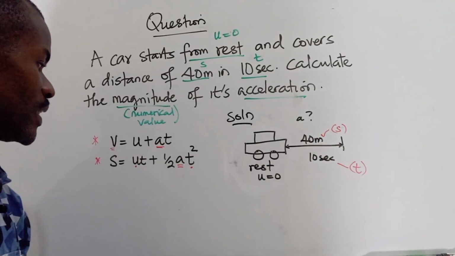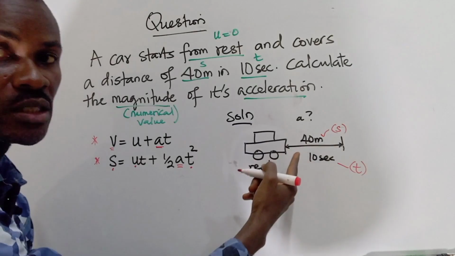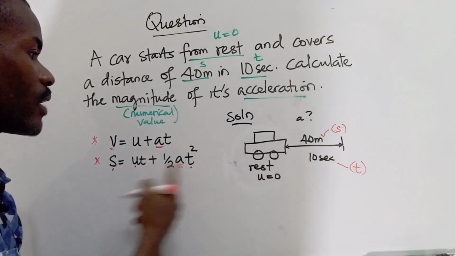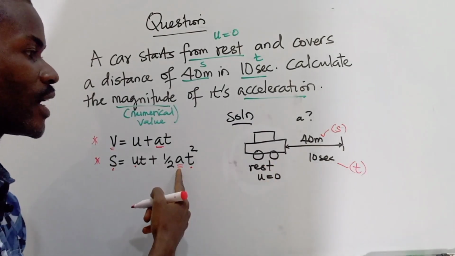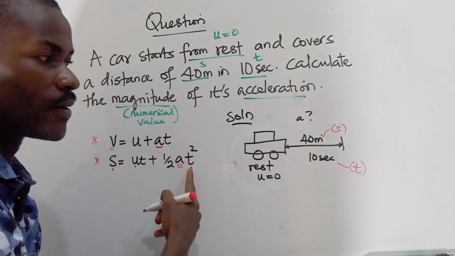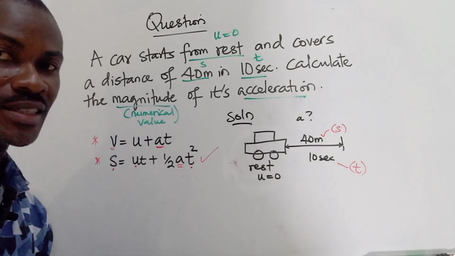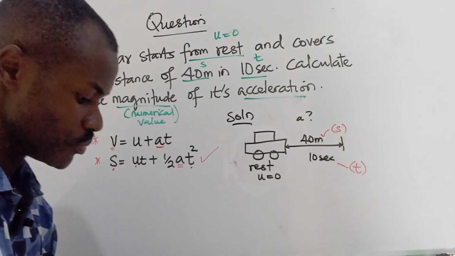So since we have S here, which is 40 meters, and we have our U, which is 0, and we have our acceleration, which we are to look out for, and our time, which is 10 seconds, it means we are going to use the second equation of motion.